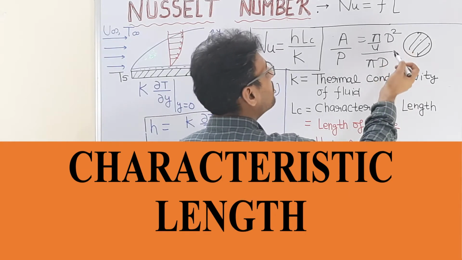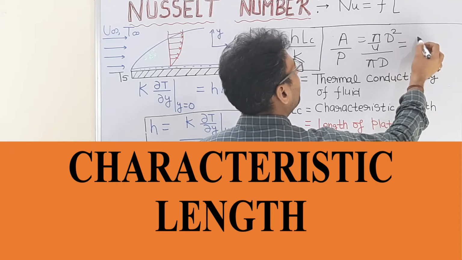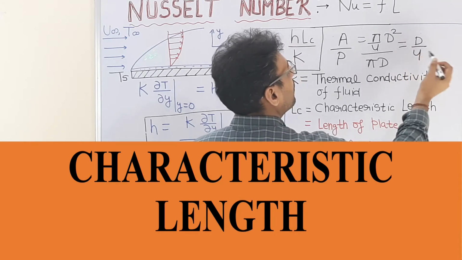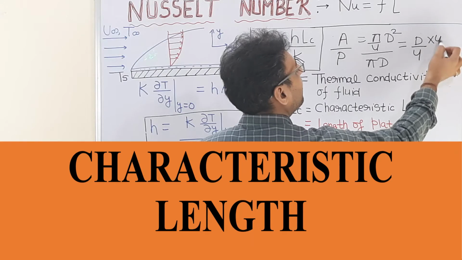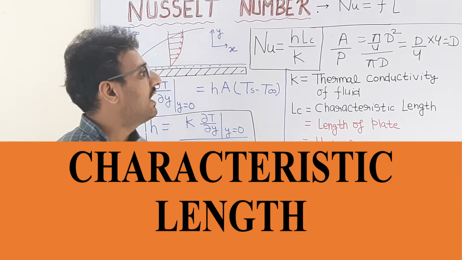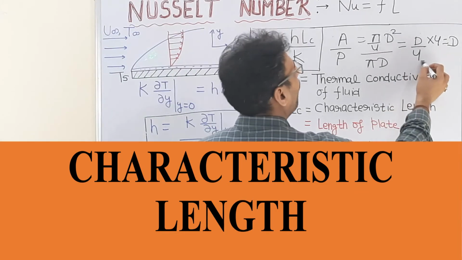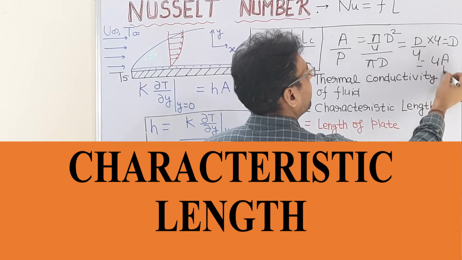Now after solving, we will get that A by P equals d by 4. After multiplying by 4, we will get d. So we can represent the diameter of a circular pipe by the formula 4A by P.